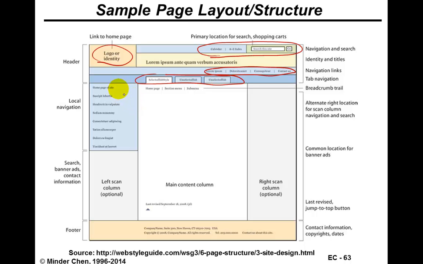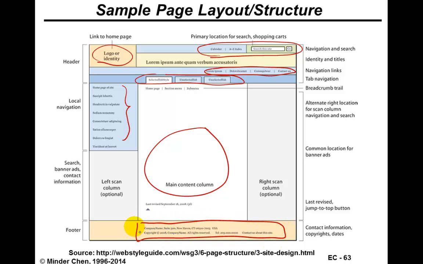In a particular sub area, you may want to have some local navigation on the left, and the center is your main content column. At the bottom, make sure you have a consistent copyright notice and other standard information on every page.